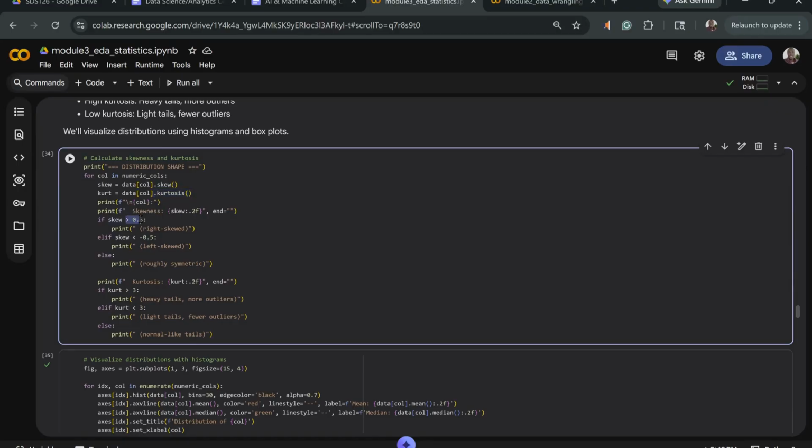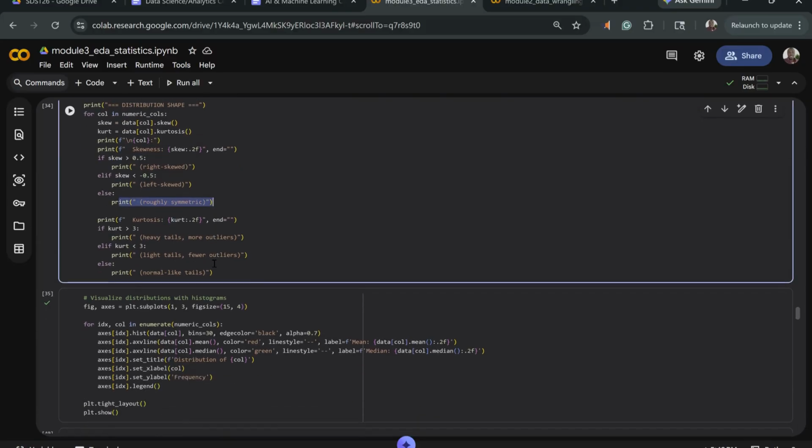If the skew value we get on our column is greater than 0.5, we say it's right skewed. If it's less than negative 0.5, we say it's left skewed. Otherwise it is symmetric, a normal distribution. And for kurtosis also, I remember I said this is just a way to format, so don't get confused.